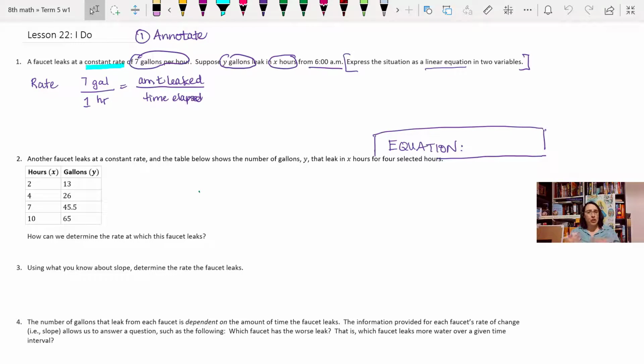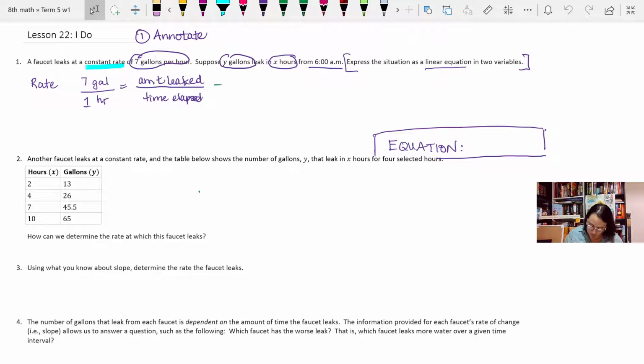I've got this information. I need to introduce X and Y. Well, X and Y in the example are supposed to tell me an amount of leaking after X hours, that Y gallons of water leak over the X hours since 6 a.m. That tells me that I can set this equal to my constant rate because it gives me a leak per an amount of time.